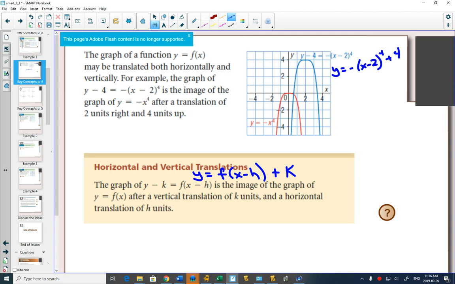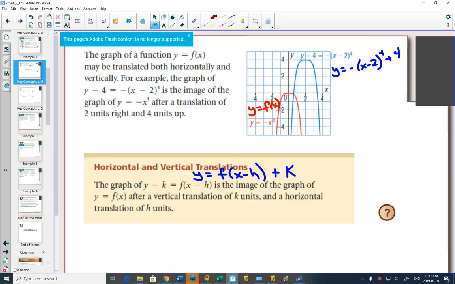And in function notation, we would say, let's say my original graph is just some function which I don't know the equation, y equals f of x. That's just generalizing it. It's some function. What do we do to that function in the blue one? In the blue one, we've moved it 2 to the right and 4 up.